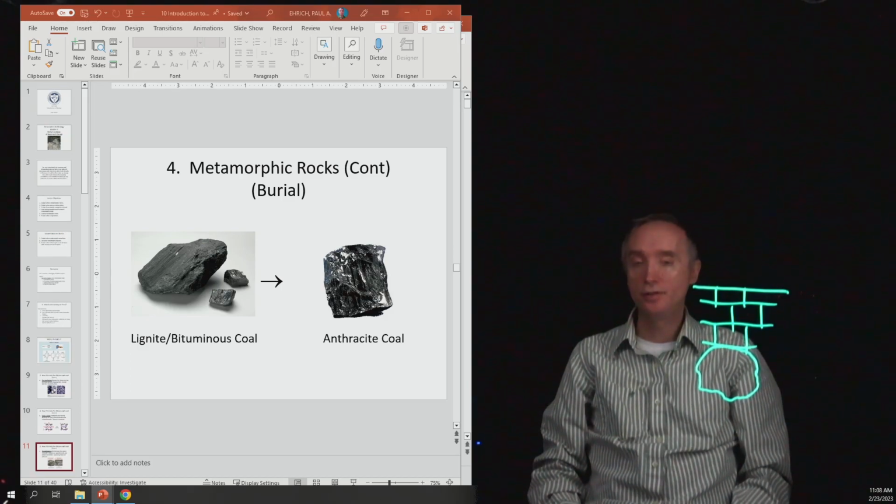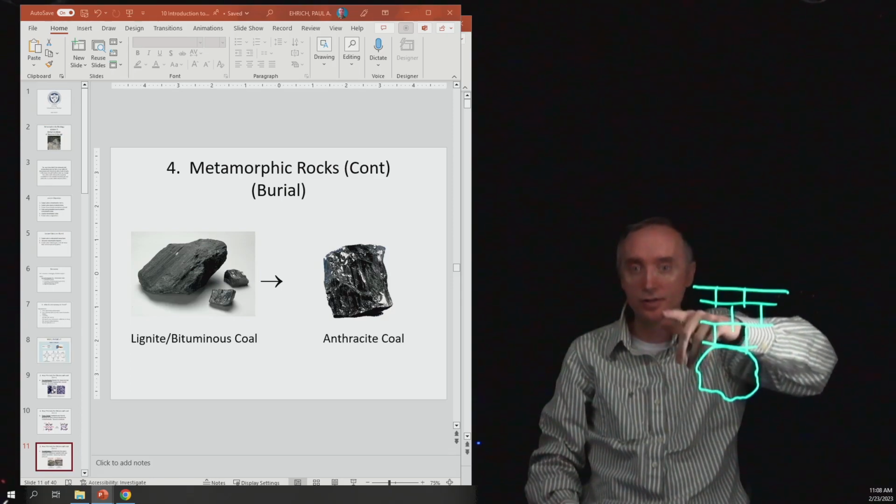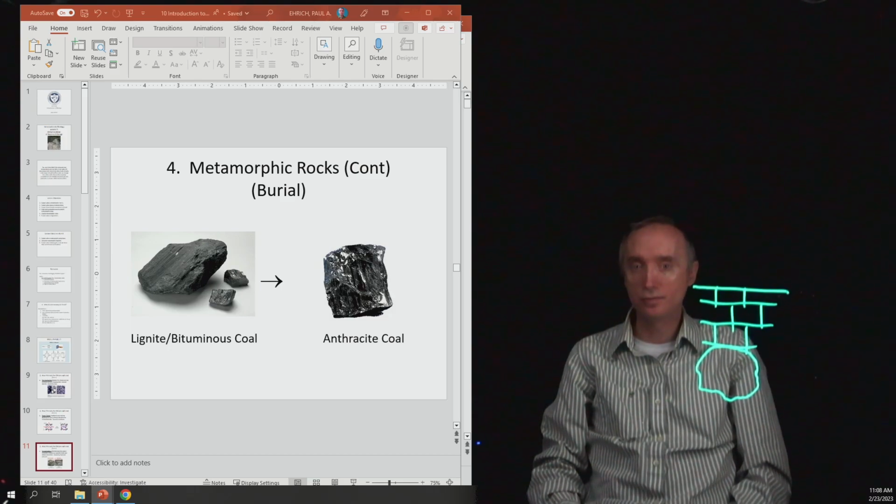So if you take peat and you continue to heat it up and you continue to bury it, at first it's going to turn into lignite coal, and then the lignite coal, if you continue to bury it and heat it, will turn into bituminous coal. Now all of that was sedimentary rocks.